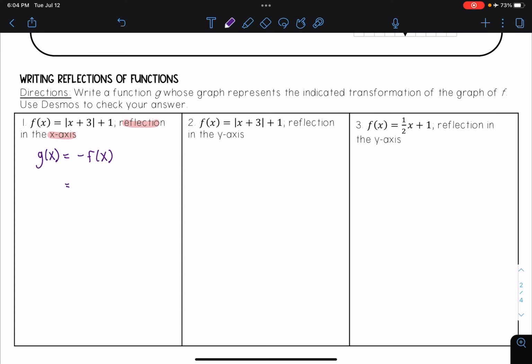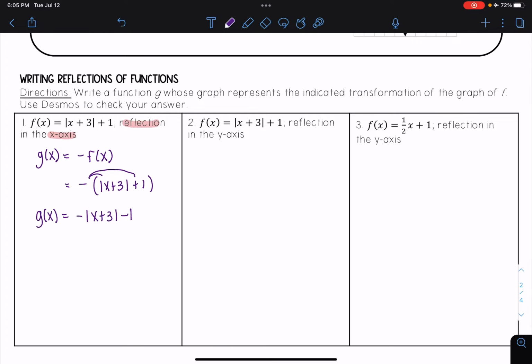Here f of x is the absolute value of x plus 3 plus 1, so I'm going to do the negative of that whole thing. That means I'm really distributing this negative to my absolute value and to my 1. So g of x is equal to the negative absolute value of x plus 3, minus 1.